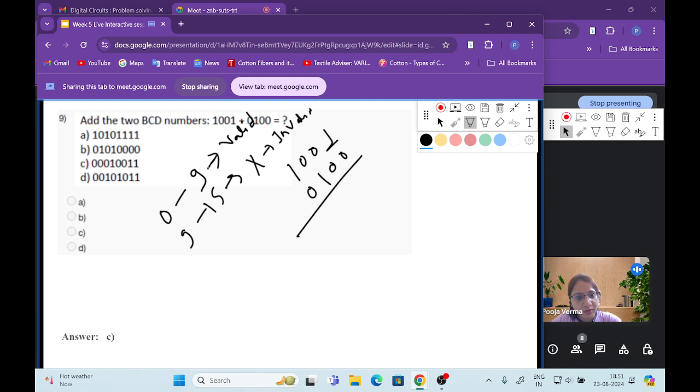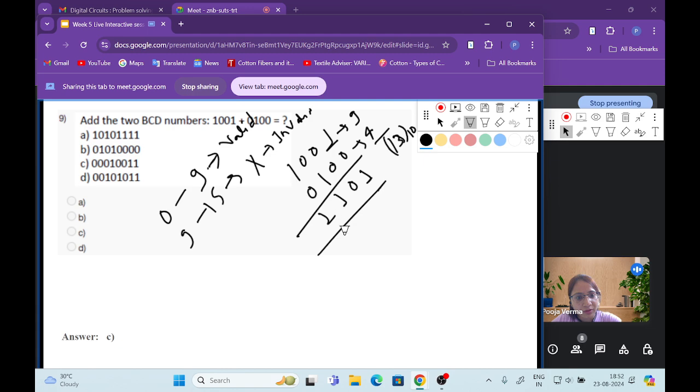So 9 is a valid BCD number, and 4 is also a valid BCD number, right? The decimal equivalent of this is 9 and of this is 4. If we add them, we get 1 0 1 1. Adding the two decimal numbers, 9 plus 4 gives 13.